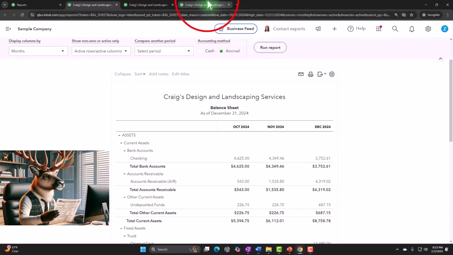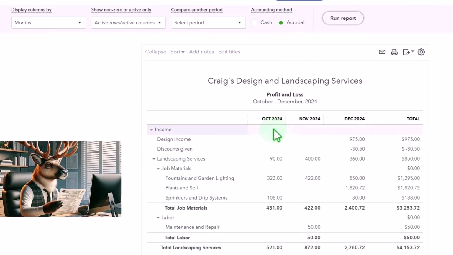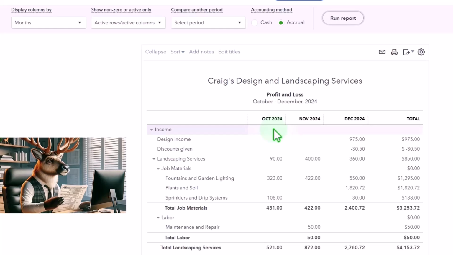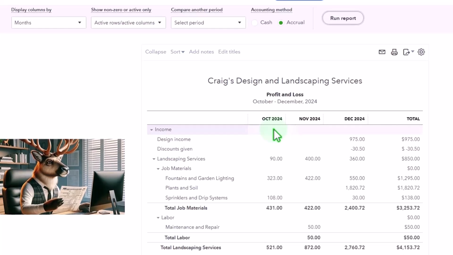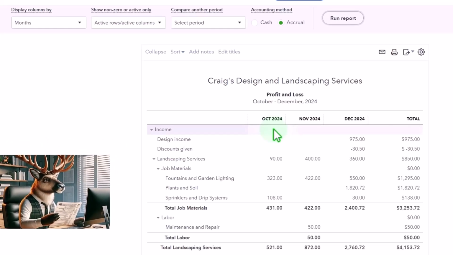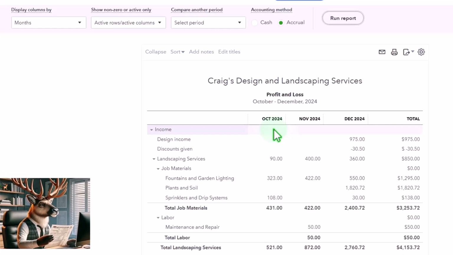Whereas when we look at the profit and loss report, we're looking at a period. So it's giving us a range of information, because the profit and loss report, we can compare to like resetting the odometer in a car to see how far we're going to drive in a day. That means I need the beginning date. So this is going from the 1st of October through the 31st of October.